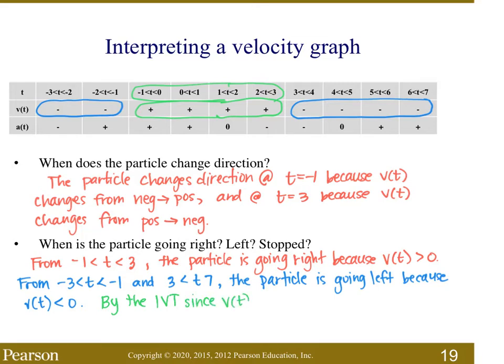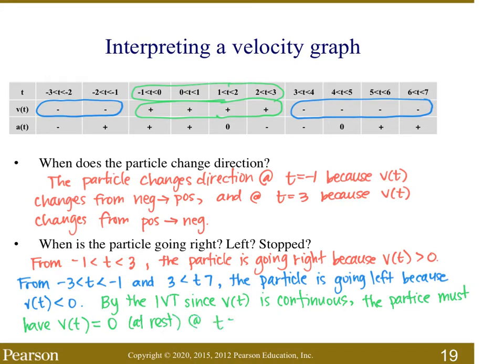Since v of t is continuous, the particle must have v of t equal to 0, which is what it means to be at rest, at both t equals -1 and t equals +3.